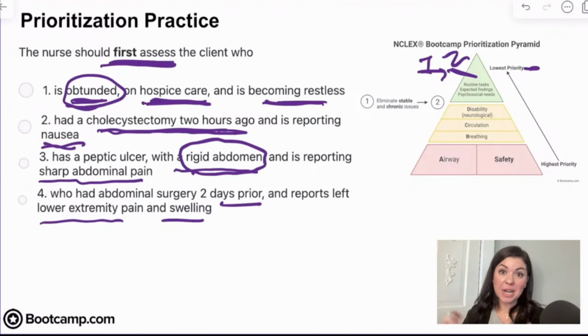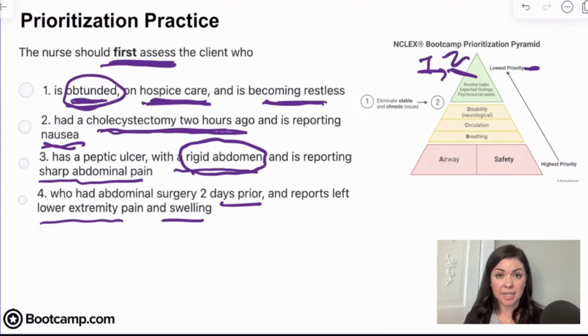The reason I told y'all that is I see a lot of you are typing it, so y'all are already on the right track. That rigid, board-like abdomen is an indicator of peritonitis. Also, whenever they have that board-like abdomen, they typically have some sharp abdominal pain and discomfort.